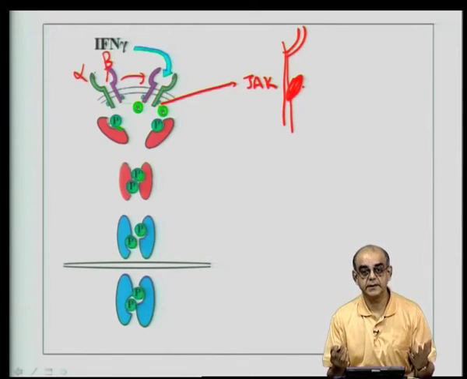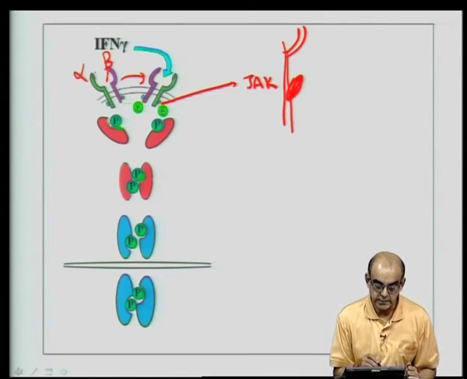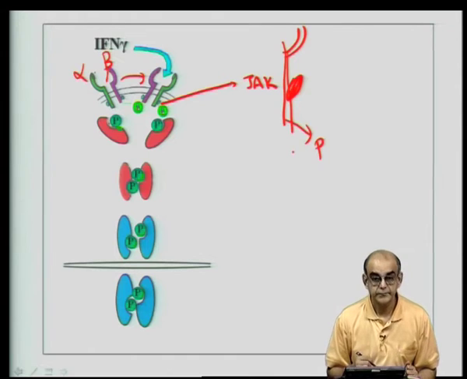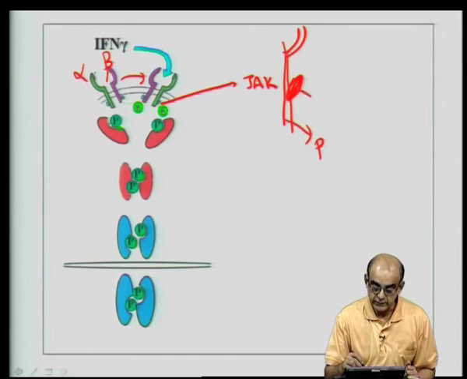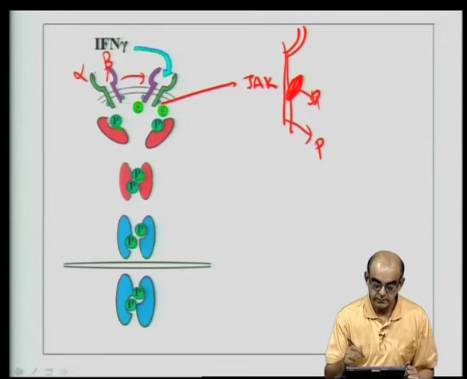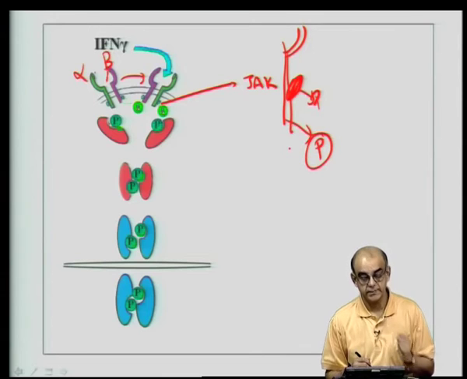The function of a kinase is phosphorylation. So, once the enzyme is activated, it starts to phosphorylate. What does it phosphorylate? It phosphorylates the receptor subunit and it phosphorylates itself. So, there is autophosphorylation as well as phosphorylation of these receptor subunits.